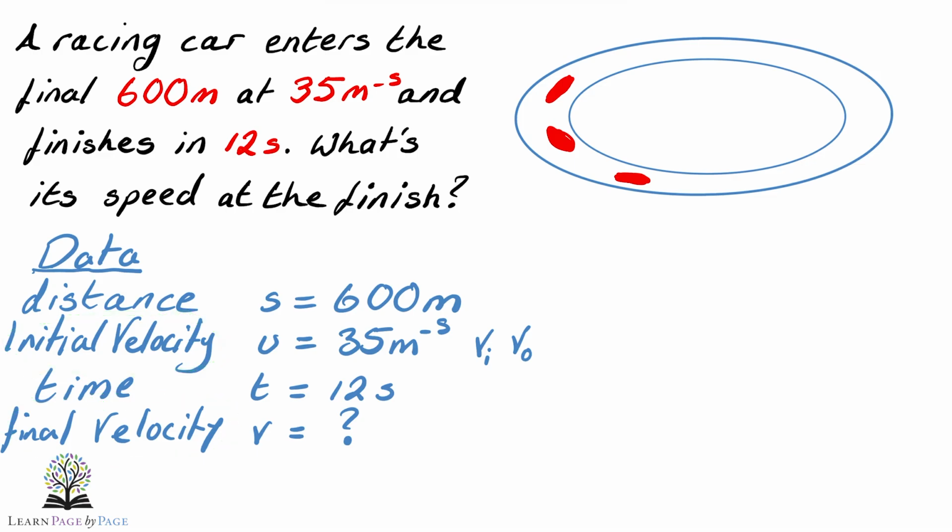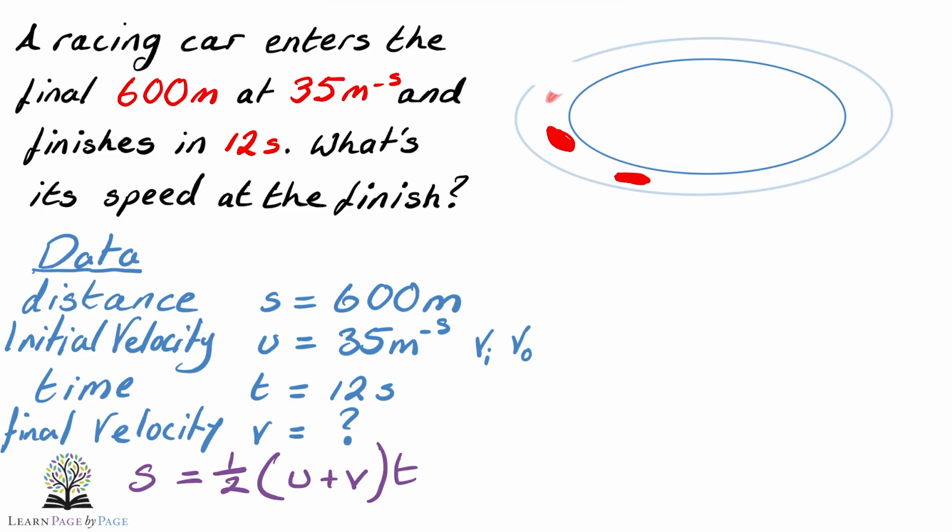And that would be S equals a half multiplied by the initial velocity plus the final velocity, multiplied by time. Now this formula is actually the formula for the area of a trapezium, and I'll go into that at the end of the video, why we use this formula. It's linked to velocity time graphs. But for now, let's work out what the question's asking us.